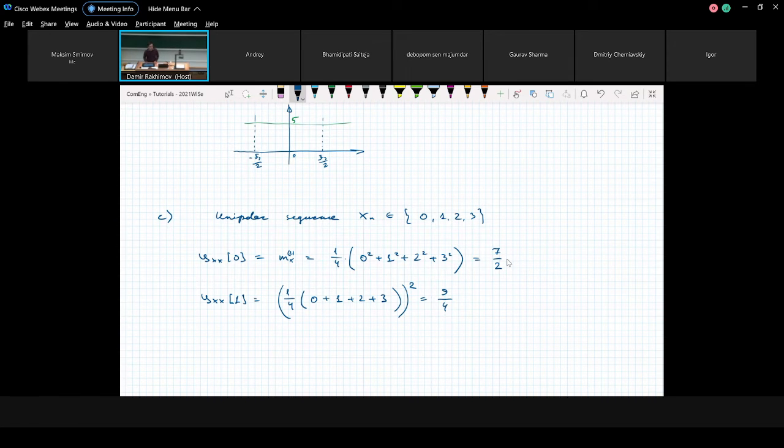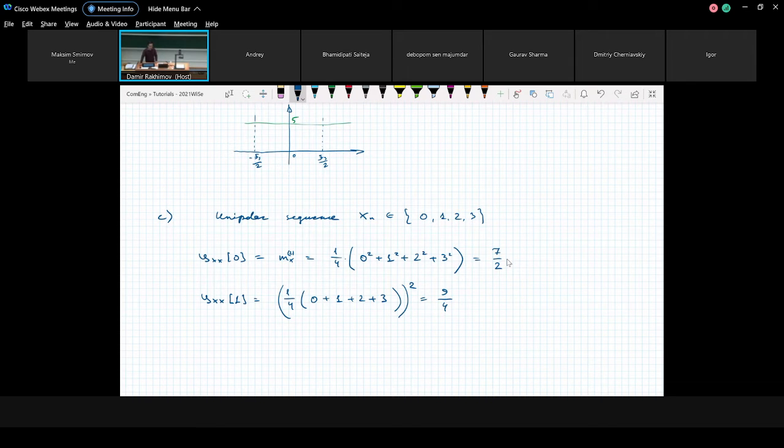You see that we have a different result. Previously it was 0, but now it's not a 0 value. It's 9/4. And it means that we have a specific correlation between symbols. You have correlation.